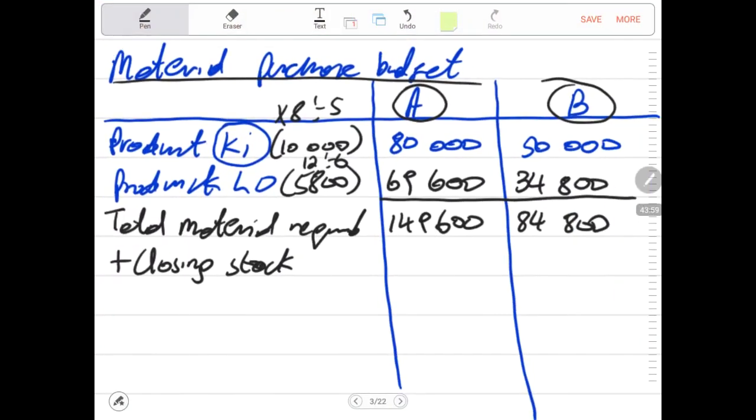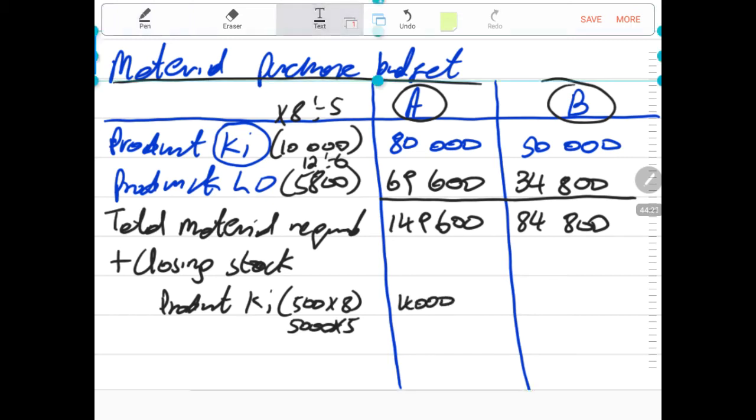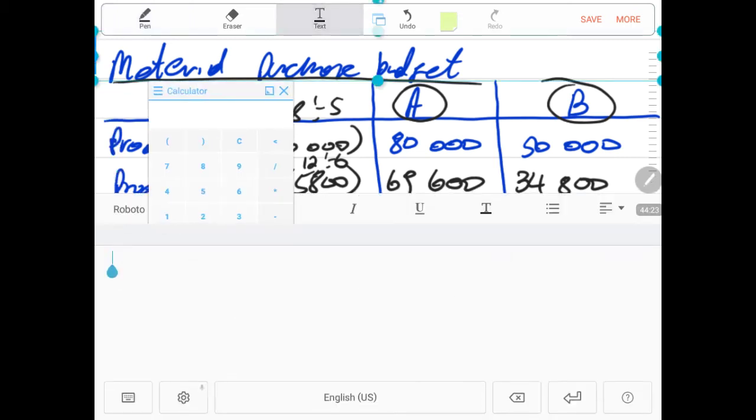Here we have to say now product KI. We say in this 500 by 8. Then you say this 500 by 5. Just want to verify that.